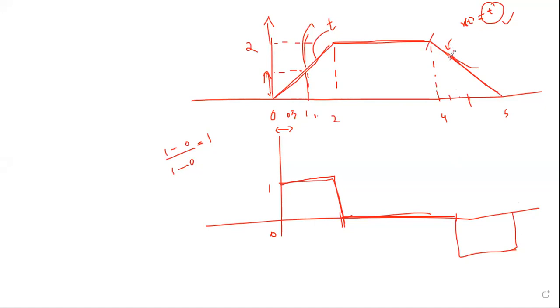From 4 to 5, here it was growing, here it is decaying. So for this particular signal, the differentiation yields this. See here, this is the differentiation of this particular signal. Did you understand?